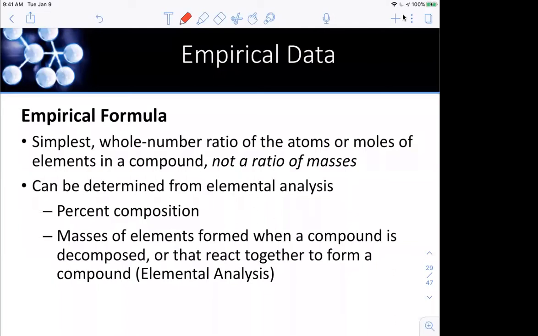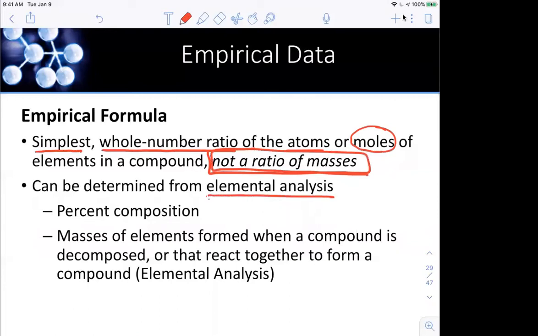Remember, the empirical formula is the simplest whole number ratio of the atoms or moles of the elements in a compound, and it is not a ratio of the masses. This can be determined experimentally using a technique called elemental analysis.